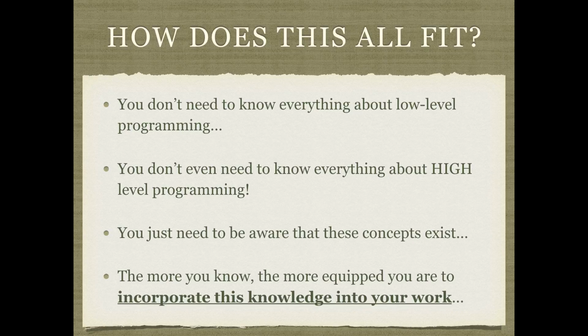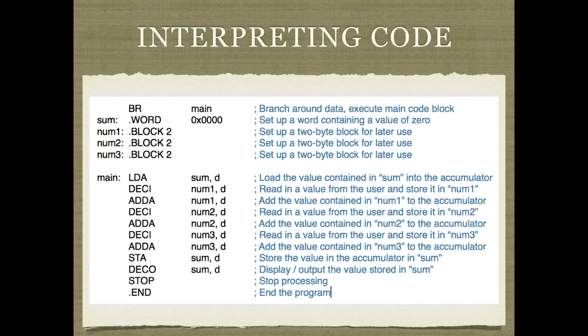So now that we've put all of that together, we can interpret a given program. I've built a little program that has comments explaining what's going on. BR main means we branch around our data declarations and go directly to the line of code labeled by the word main.